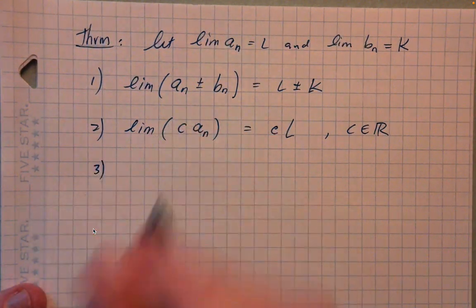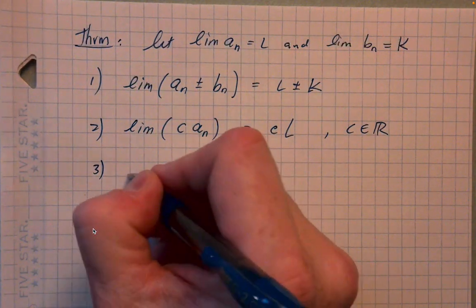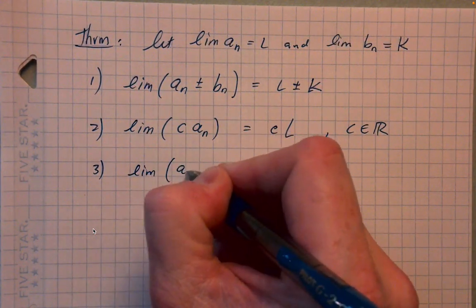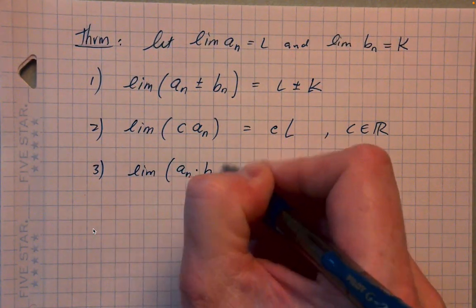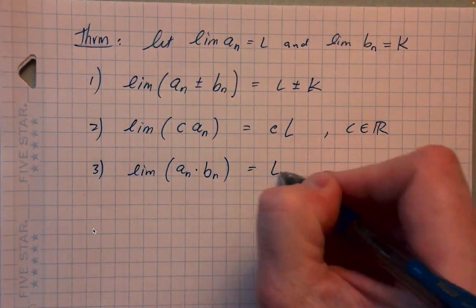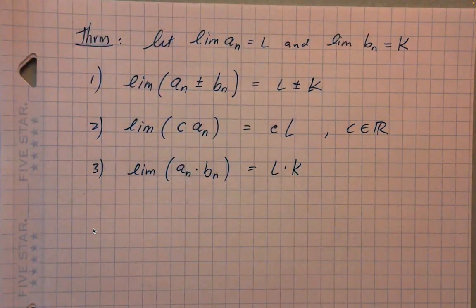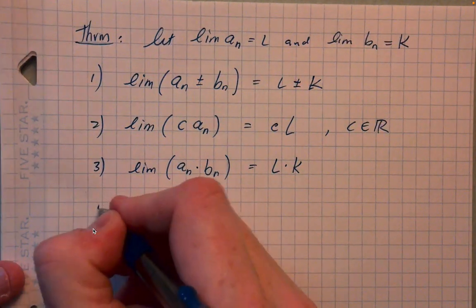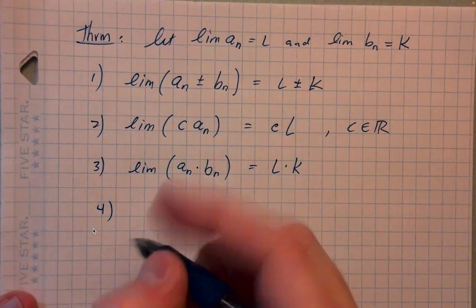Okay, same thing is true for products. So the limit of a of n times b of n is equal to L times k. Very nice. And finally, ratios, right?